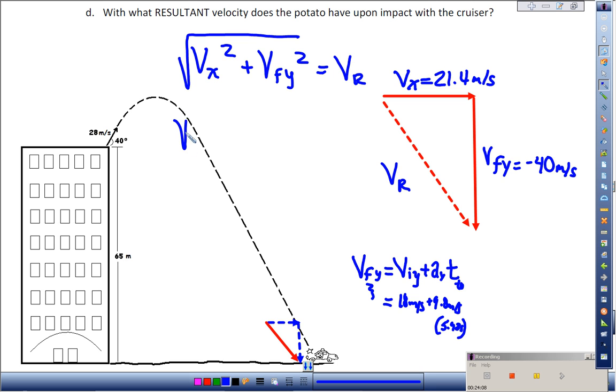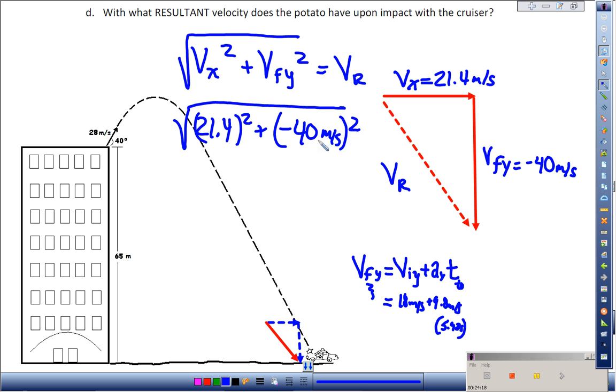So I'm going to plug in my numbers: the horizontal component squared plus the vertical component squared. Take the square root, and you find that the resultant velocity is equal to 45.4 meters per second. That is the magnitude of the resultant velocity.